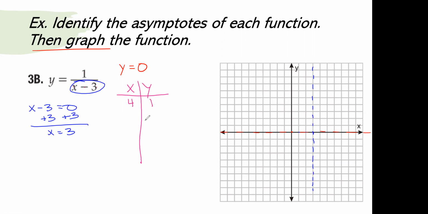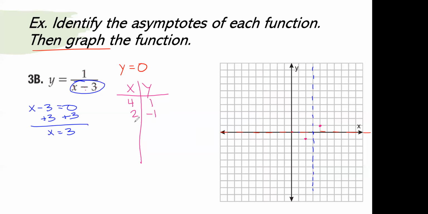I want to try and get an idea of what this is going to look like. So positive 4, positive 1, there's a point on that graph. I'm also going to plug in 2. 2 minus 3 would be negative 1, and 1 divided by negative 1 is negative 1. So at 2, there is a point at negative 1.